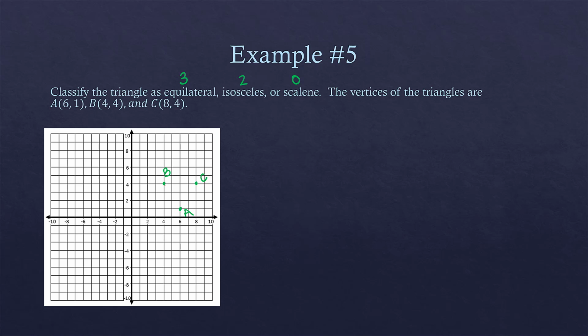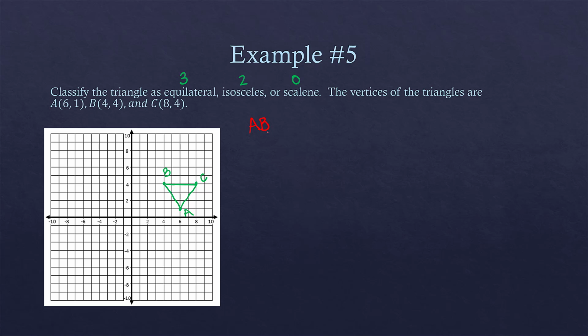And I'll draw the triangle in. Once my points are plotted and my triangle is drawn, I can go ahead and start finding side lengths. I'm going to start with AB.